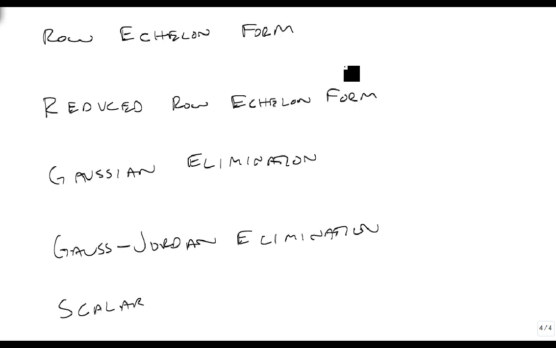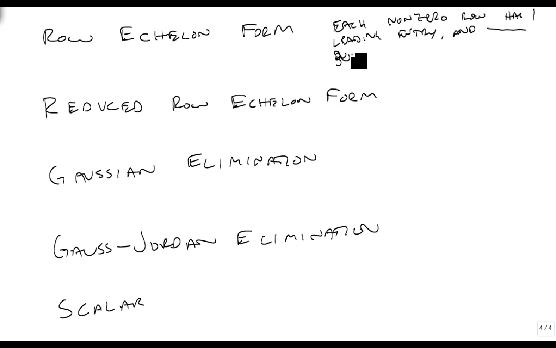Row echelon form is when we write this so that each non-zero row has a 1 in front as its leading entry, and anything after that, but everything under that 1 is a 0, and then that repeats per row.